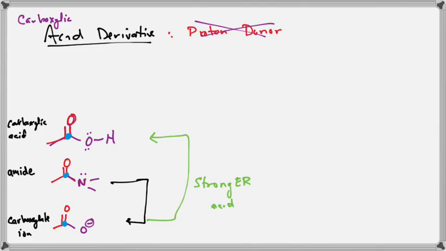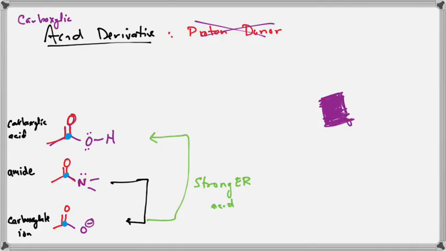Cool. So what we've now done is drawn 3 acid derivatives. What was the difference between these derivatives? The electrophilic carbon. So true. Why was the carbon electrophilic?